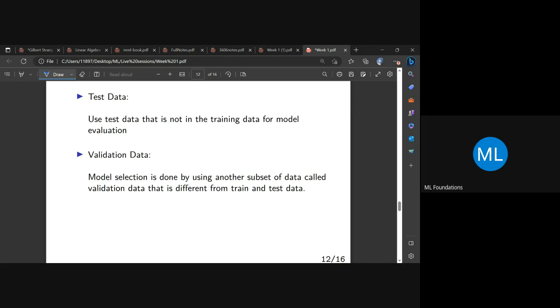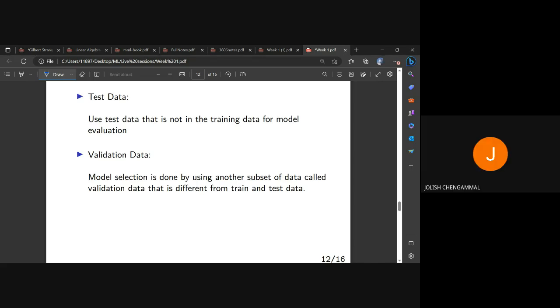Now you want to see how this model is going to perform for unseen data, as in the test data. To check whether your model is underfitting or overfitting, and how its performance is, use your validation data.